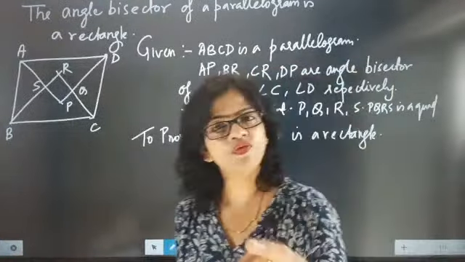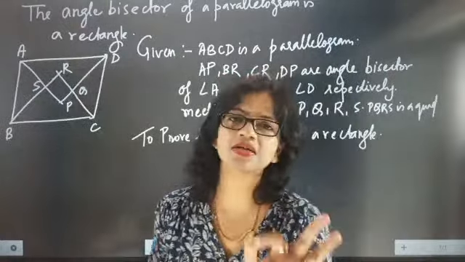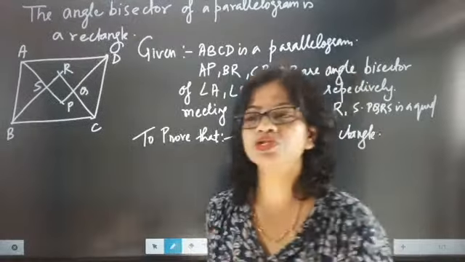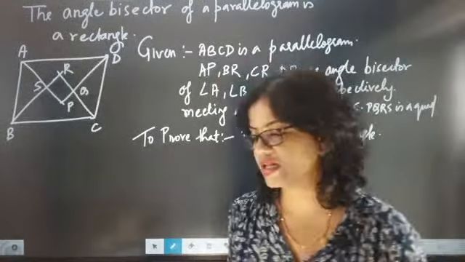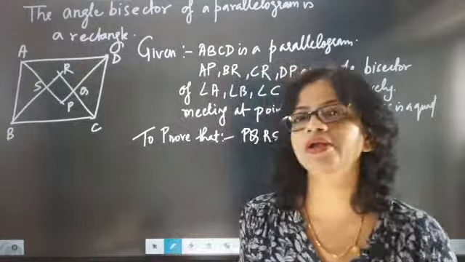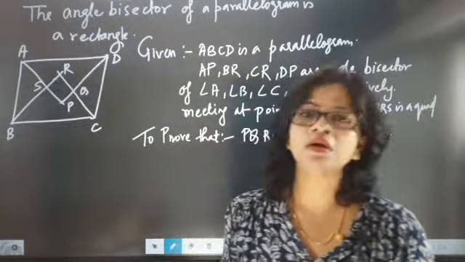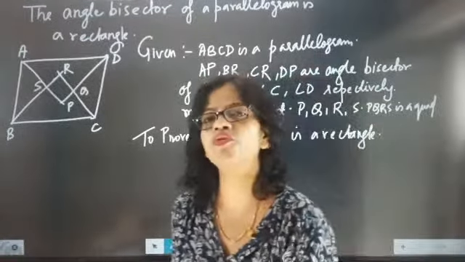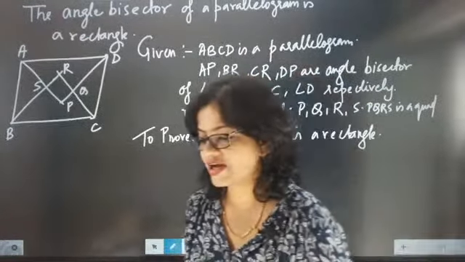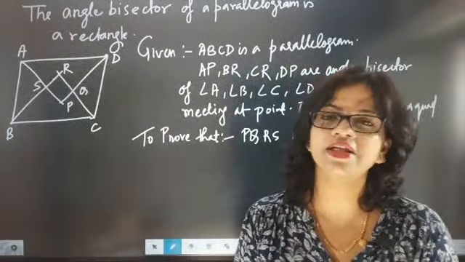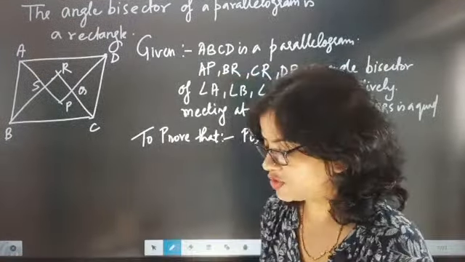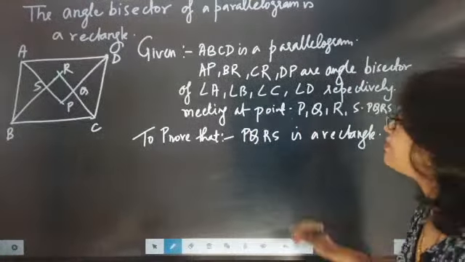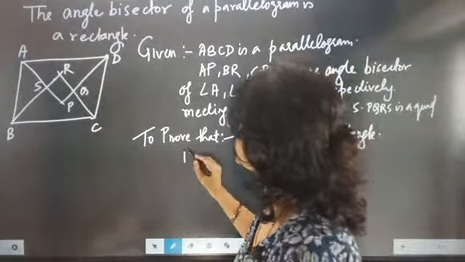Proving a rectangle means just prove adjacent angles are 90 degrees. Proving a square means we have to prove that opposite sides are equal and parallel and all that. But mark my point: proving it is a quadrilateral, and from a quadrilateral to a rectangle, we can go for adjacent angles. If adjacent angles come out 90 degrees, then 100% it is going to be a rectangle. So now we just have to write that PQRS is a rectangle. So we are going to start the proof.